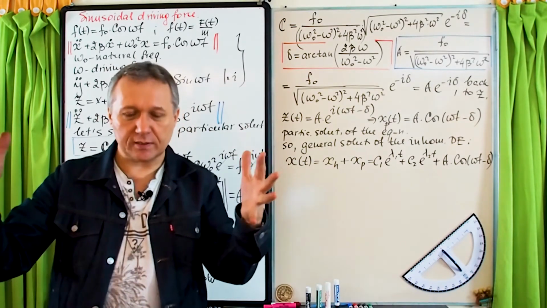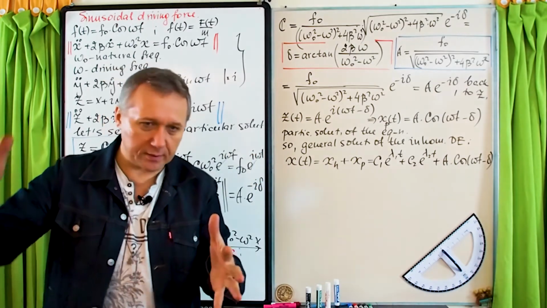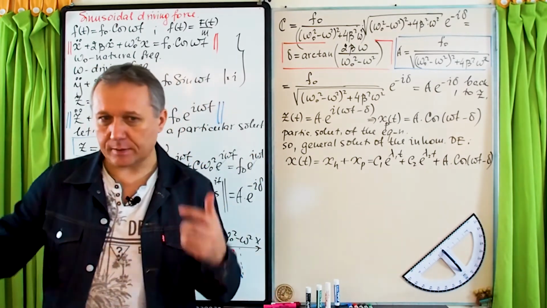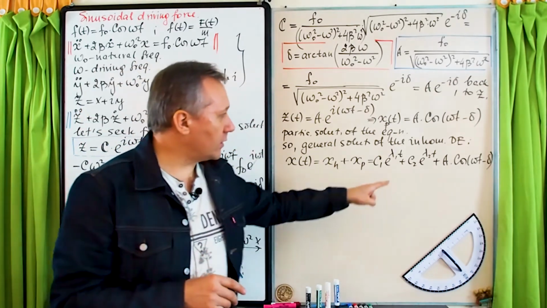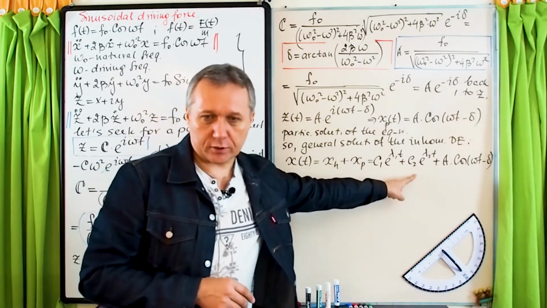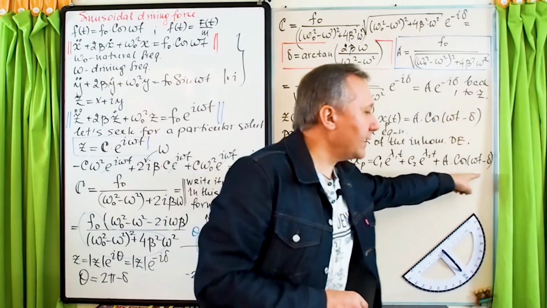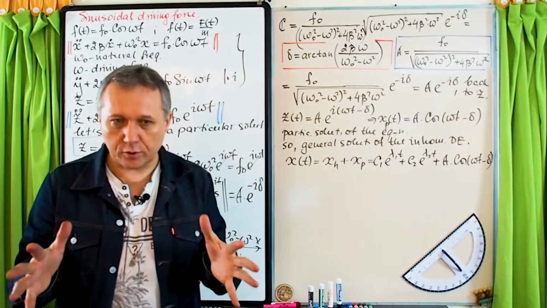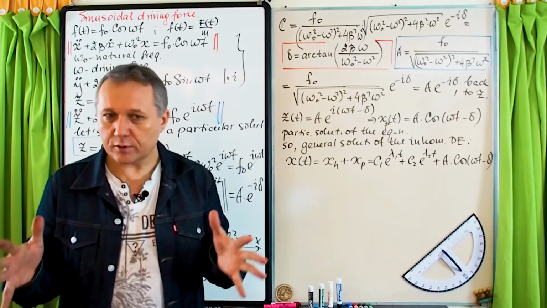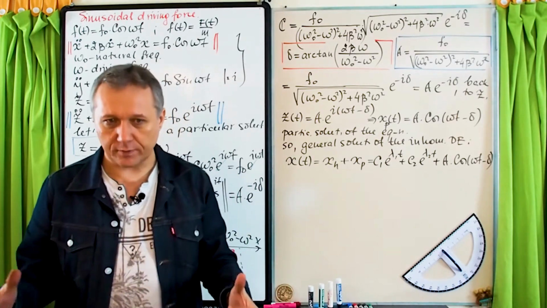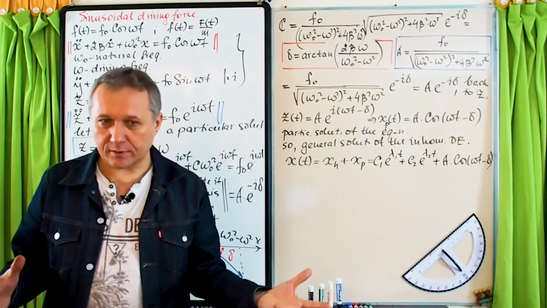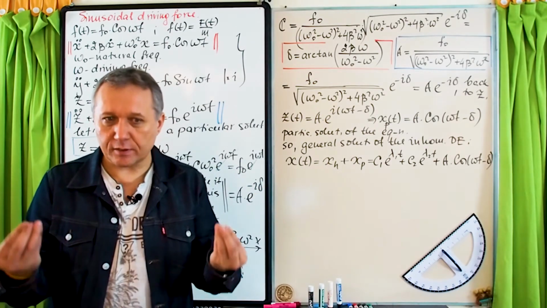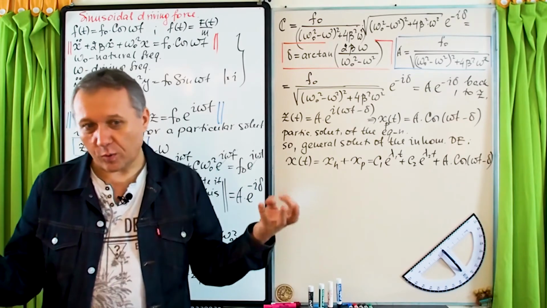So you set up the system, create some initial conditions, you push it or displace it, and of course those initial conditions will affect C1 and C2. A and delta have nothing to do with initial conditions. Those are not constants of integration. Those are just constants describing the system, basically intrinsic parameters of the system.